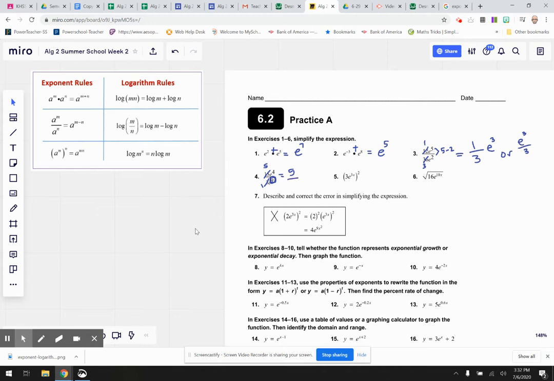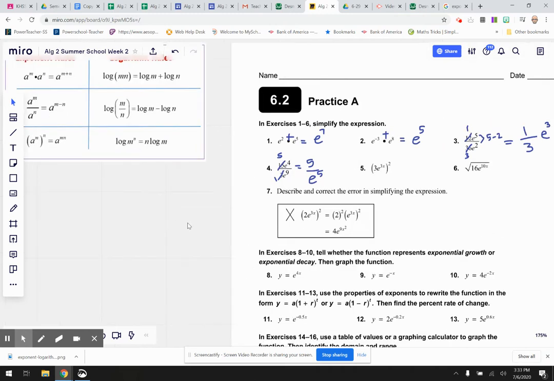So when you subtract 4 and 9, you get 5. You're going to have e to the 5th on the bottom because there's more on the bottom. There's 9 e's on the bottom, and there's only 4 e's on top. So this on the bottom is where you're going to keep your e because there's more on the bottom. There's 9 of them. So if you take 4 away from the top, you're going to have 5 left on the bottom.